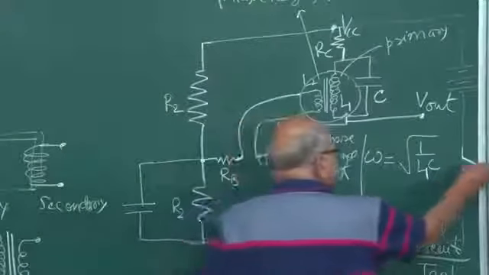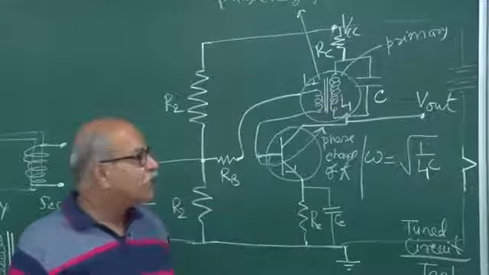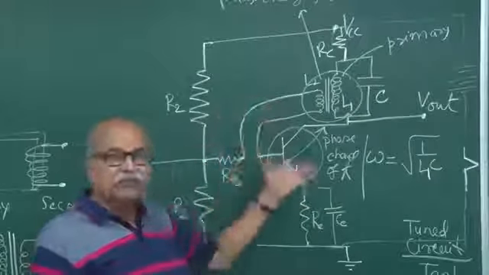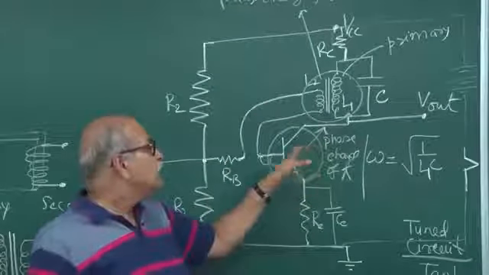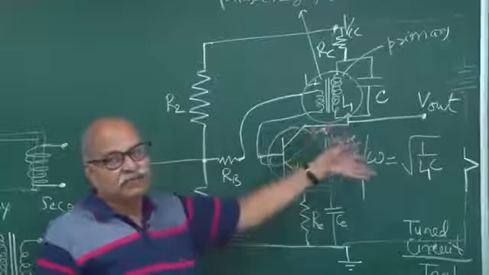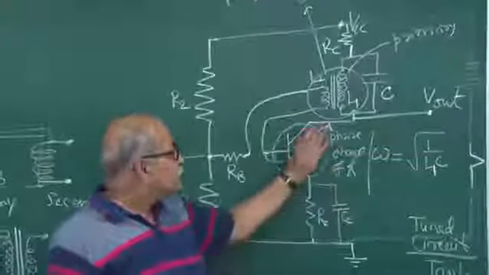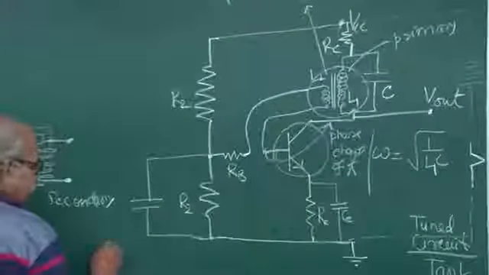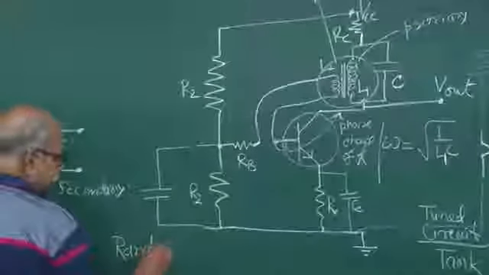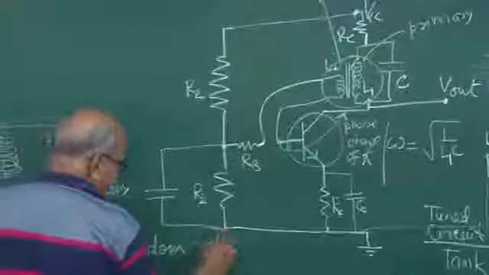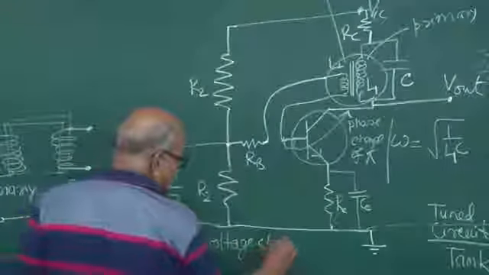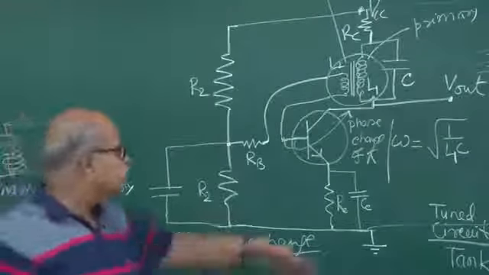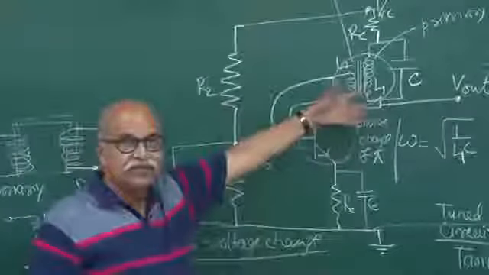So when you switch on the circuit for the first time, what will happen? Some current will flow, and then the transistor will go into its active mode, and something will be amplified, whatever, noise or that. But then when that reaches here, that noise or random voltage change, when you switch on, the current starts and something is amplified, some voltage goes there.